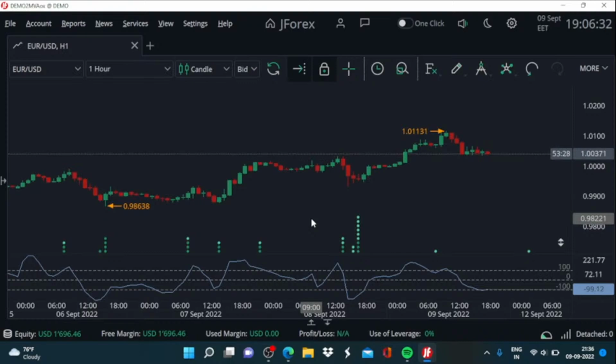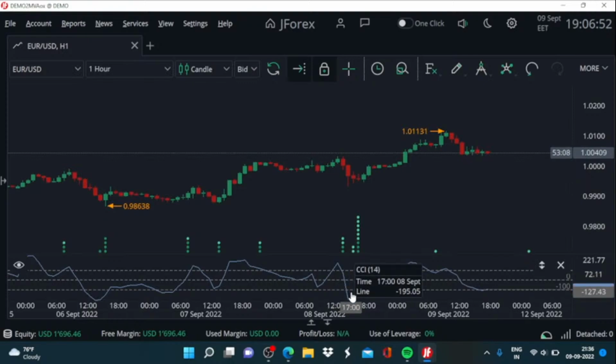But that aside, the concept is that we have to pay attention to its positive or negative side, and if we have the values on the higher side, then that is indicative of bullishness, and if we have the values on the lower side below zero, then that is indicative of bearishness.